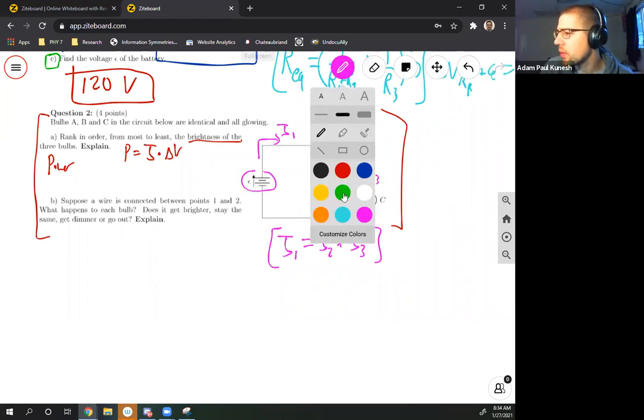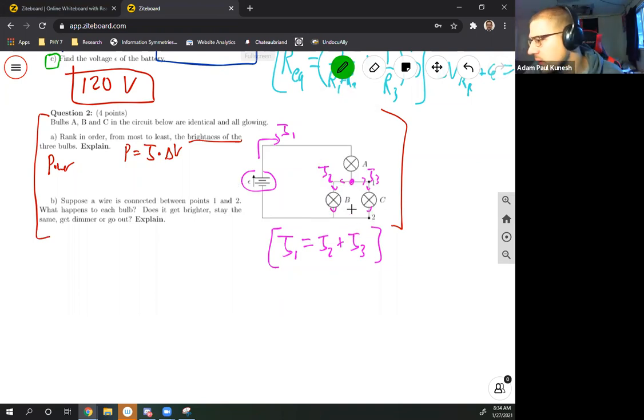A more rigorous way to think about why I don't think there's going to be a difference in the brightness of B and C is to think about the voltage drop, delta V, across either bulb. I expect both of those to be the same.